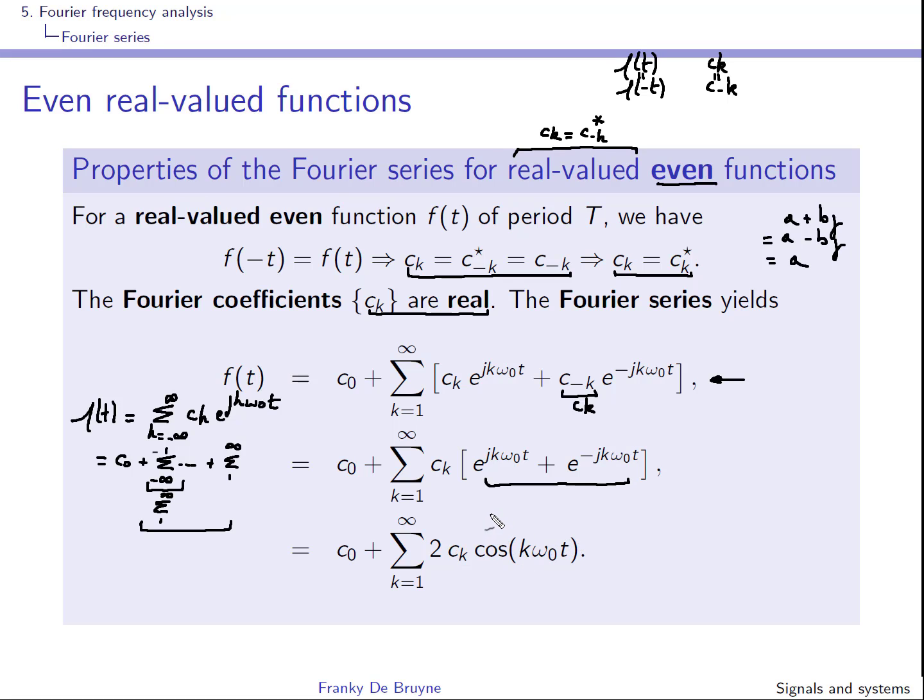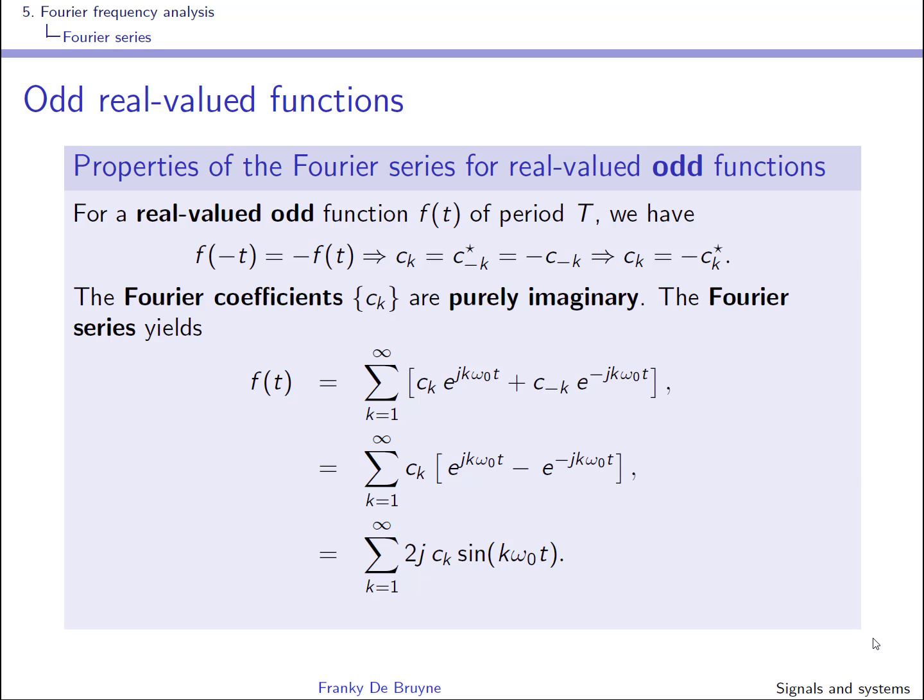So we've just shown that if the function is real valued and even, it can be written as an average component plus a sum of cosines. Well, this was to be expected because the function is even, so you expect a sum of cosines, as cosines are also even. It would be kind of weird to have a sine in the sum.